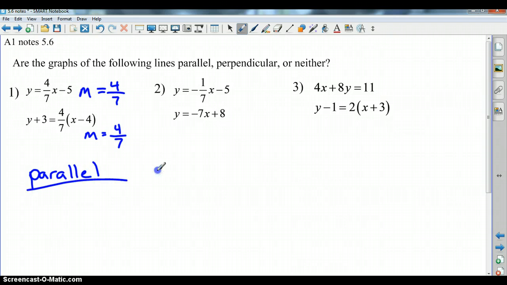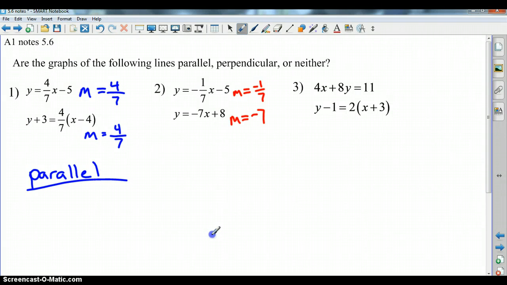Okay, on the second one, number 2, notice the first line has a slope of -1/7. I was nice enough to give these to you in slope-intercept form, so it should be fairly straightforward work for you. And the second line has a slope of -7. Now, we said that perpendicular lines are opposite reciprocals.